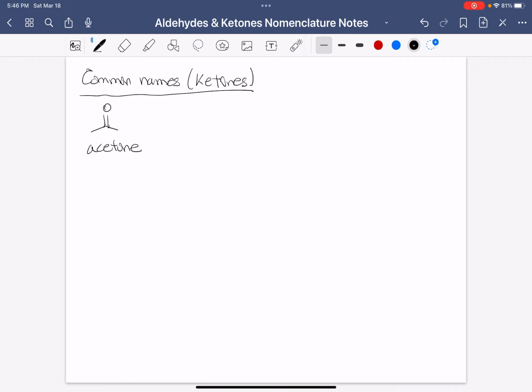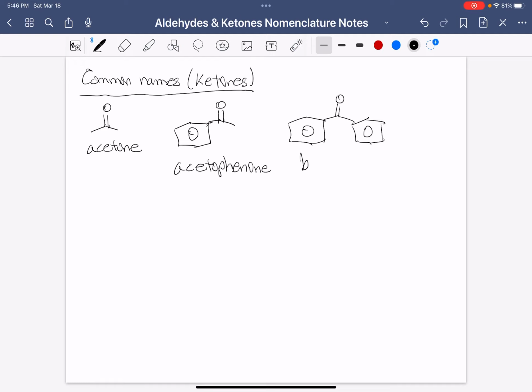If we have a benzene on one side and then a methyl on the other side, that's acetophenone. And then you guys used this in the first lab of the semester when you were making triphenylmethanol, and that's benzophenone.